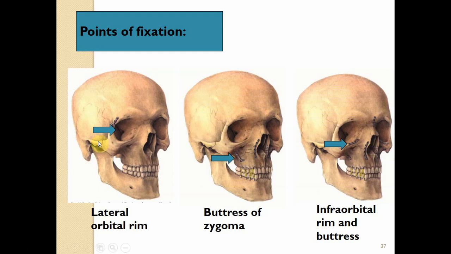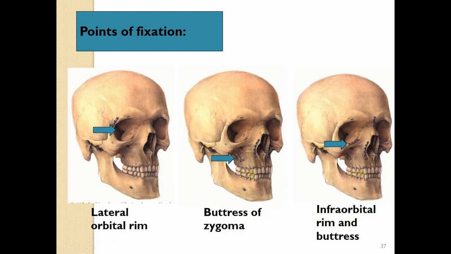Otherwise, there will be chances of the contents of the orbit going towards the maxillary sinus. That is called a blow-in fracture or blowout fracture. So these are the main areas where the plate will be fixed: the frontal, maxillary, infraorbital, and zygomaticofrontal. So these are the main things we are telling.